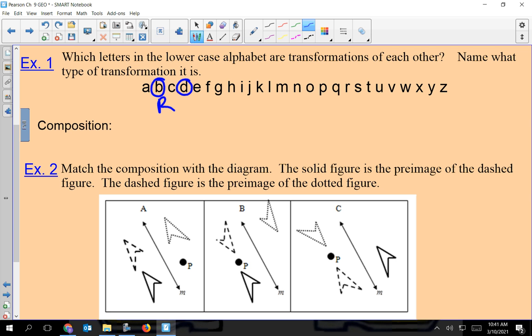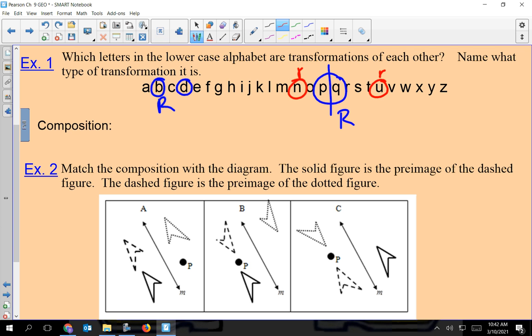If you looked at P and Q, that would be another reflection, whatever the line was in between it. Okay, so that'd be a reflection. If you look at the letter N and the letter U, I believe those are transformations of each other, but I don't think I reflected it. It looks like I probably rotated it, so they're a rotation of each other.